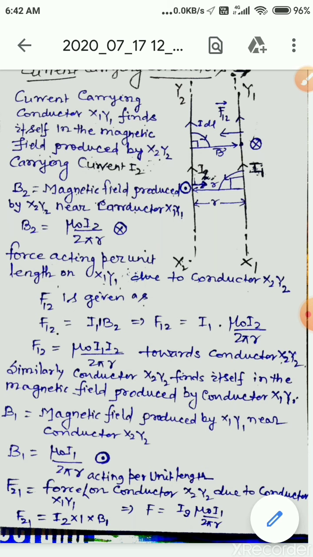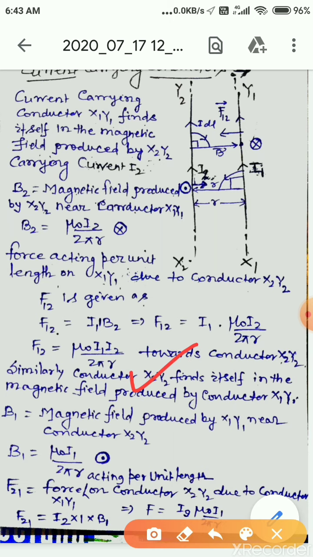Similarly, the conductor X2 Y2 finds itself in the magnetic field produced by the conductor X1 Y1. So here B1 is the magnetic field produced by X1 Y1 near the conductor X2 Y2. So this B1 is equal to mu naught I1 by 2 pi r, and its direction.